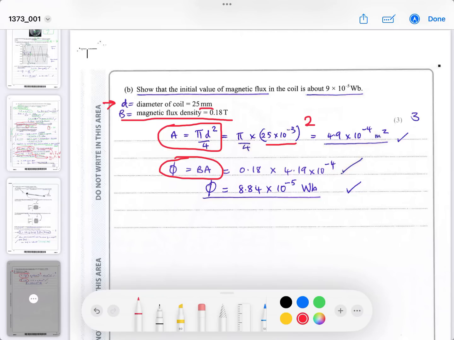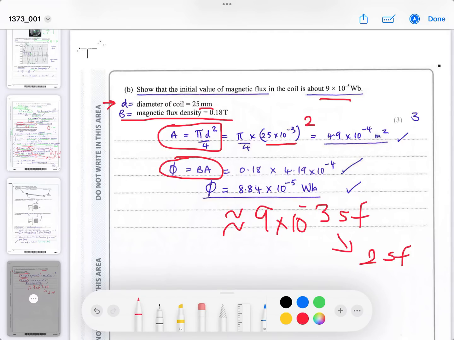I put 8.8 roughly, to 2 significant figures. So this is 3 significant figures, and you should probably change it to 2 significant figures because most of the data is not. So this would actually be approximately equal to 9 times 10 to the minus 5, and that's in fact 1 significant figure, isn't it?